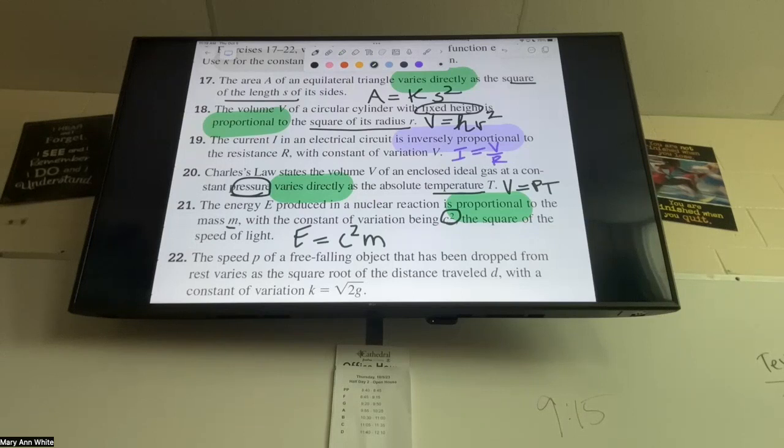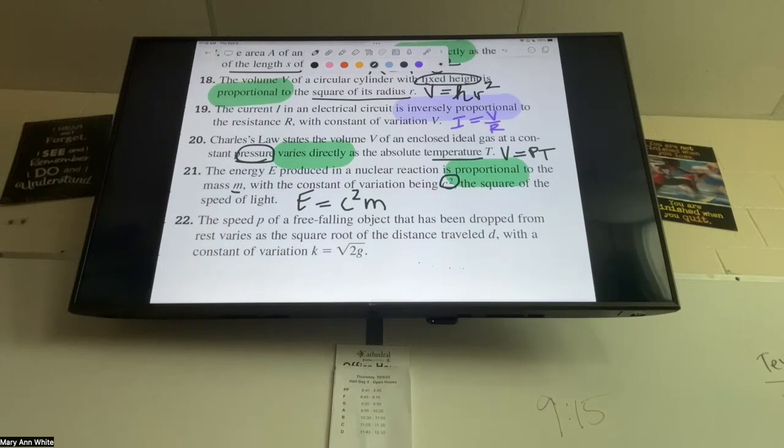And then last one, it says the speed p of a free-falling object that has been dropped from rest varies as the square root of the distance traveled d with a constant of variation k equals square root of 2g. It just says varies, it doesn't say inversely varies or directly varies. We get to assume direct variation. So if they don't tell us, we assume direct, and we will say, okay, p is my y, my constant is root 2g.